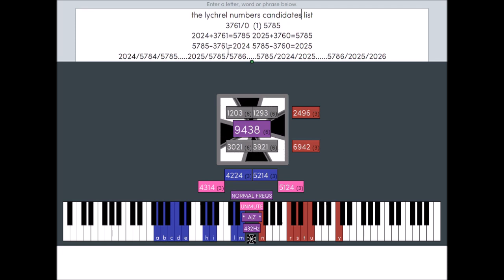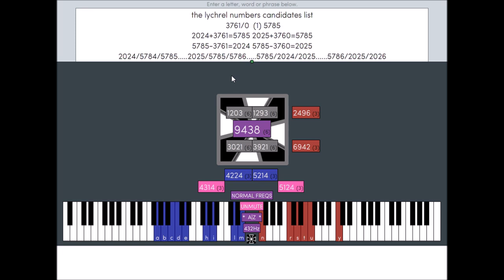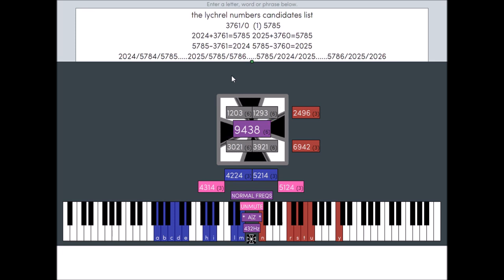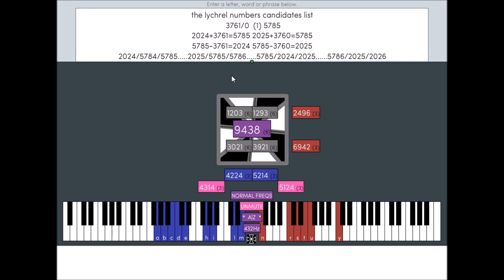In this 3761 year bridge, that's what takes it across the Lisrael numbers candidates list, why the timing of the calendars is what it is, so that there would be those periods where the 3761 bridge would connect the two calendars together.